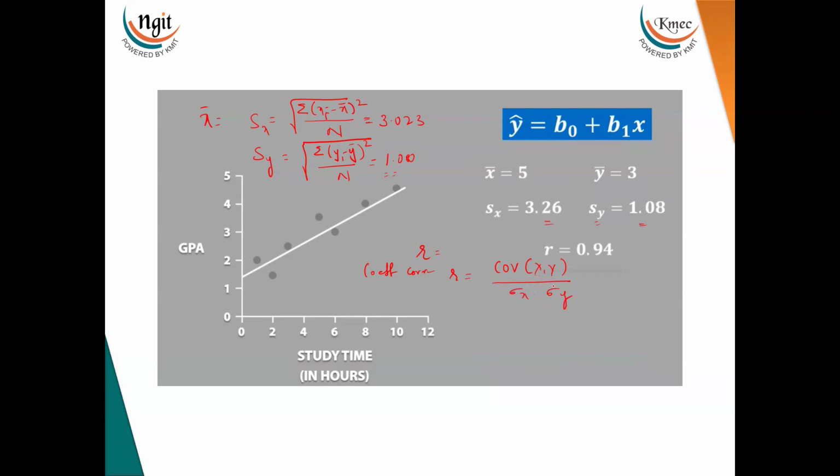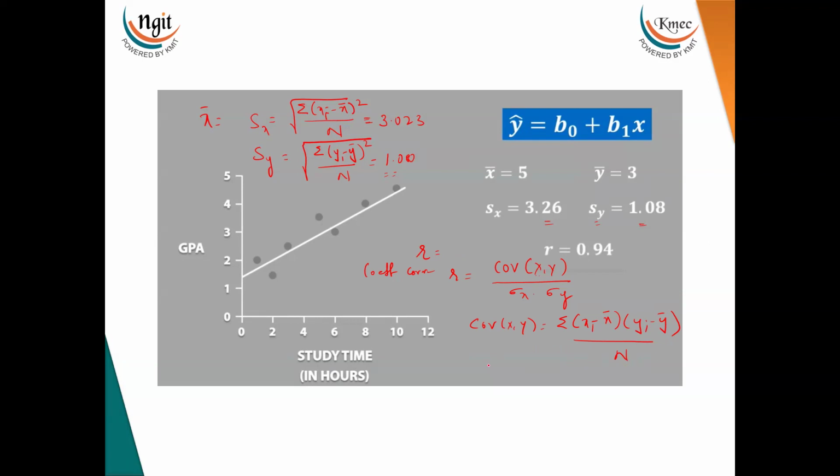This is the formula. So, what is the covariance of x comma y? What is the formula? It is sigma (xi minus x bar) into (yi minus y bar) divided by n. Here don't take n minus 1. Here we are saying for a data set, not for a sample data set. So we should not take n minus 1. We have to take n.